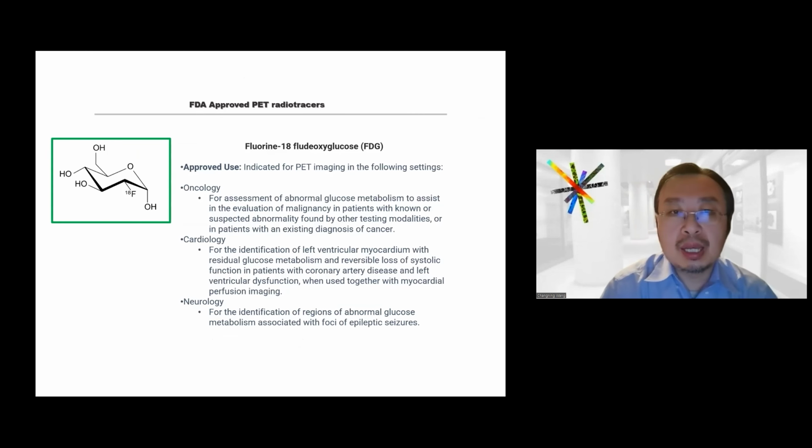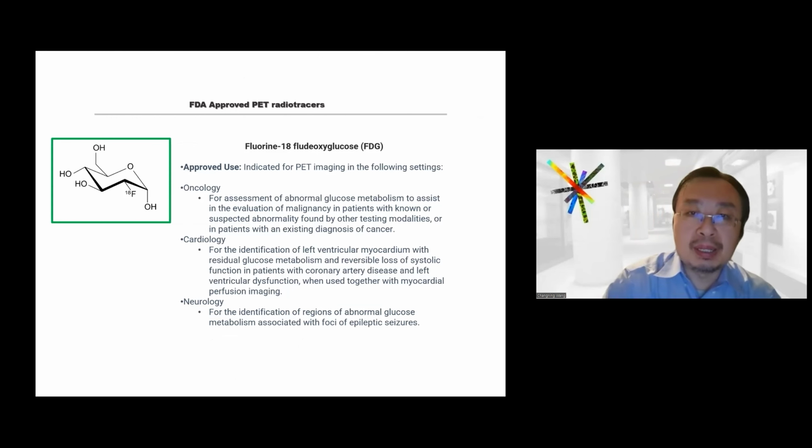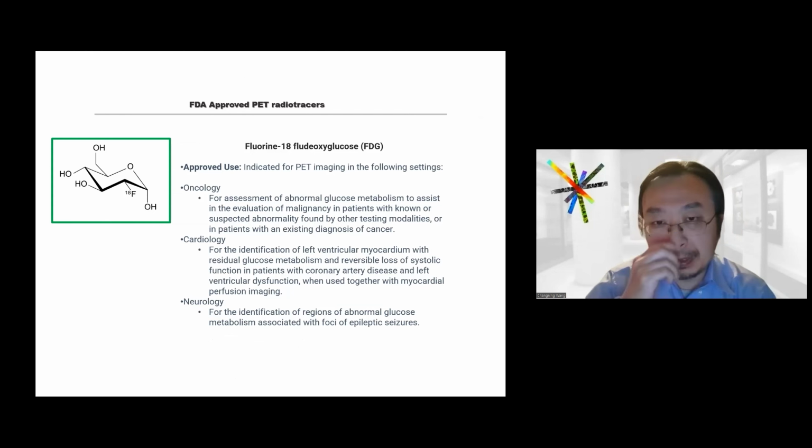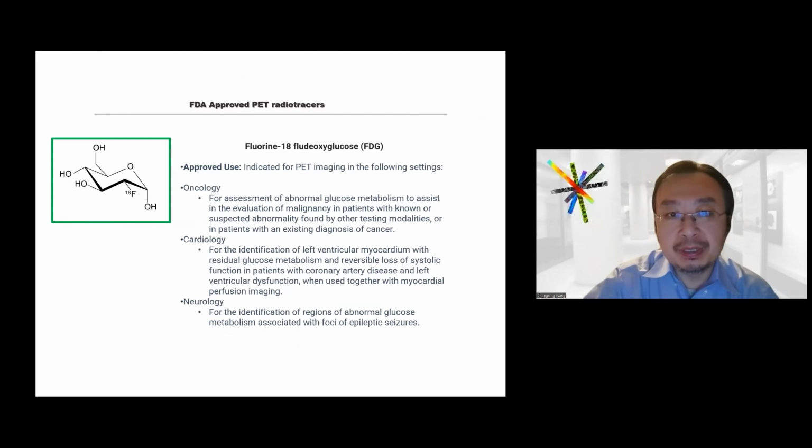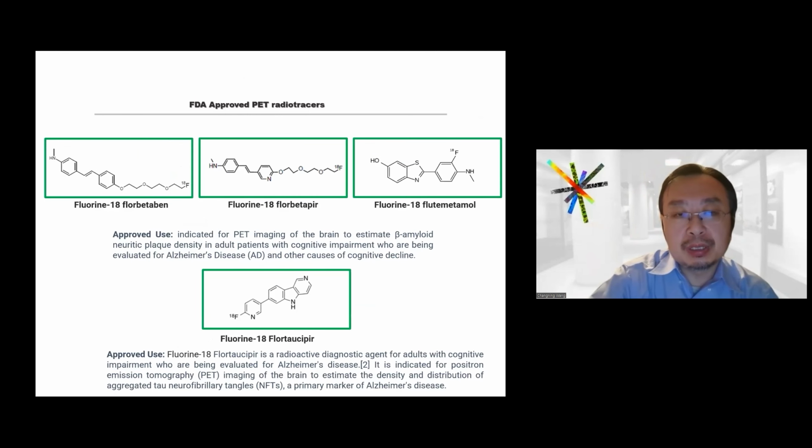So how many FDA approved PET ligands are there so far? Here is a quick summary. The first one is FDG, which can be used for tumor, heart or brain imaging. That's a very popular tracer. And there are some Alzheimer tracers: three tracers to image amyloid in the brain approved by FDA, and one tracer, the bottom one, for tau pathology, also approved by FDA two or three years ago.